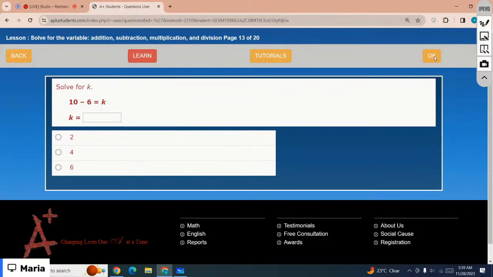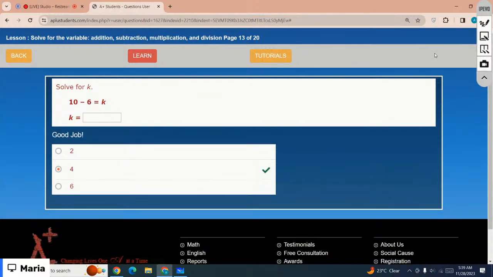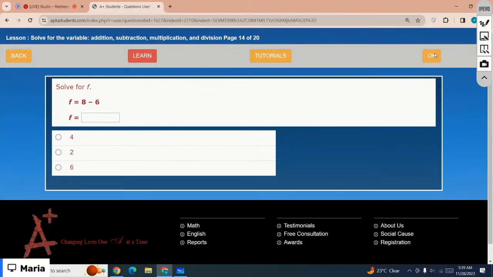K equals 10 minus 6, which is the correct option? Yes, 10 minus 6 is 4. The correct option is 4. F equals 8 minus 6, which is the correct option? 2 it is.